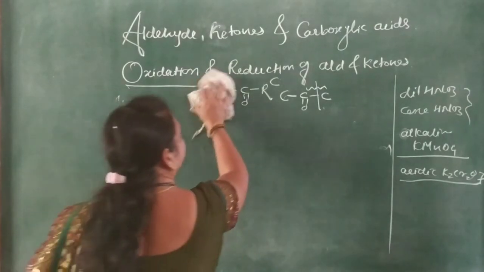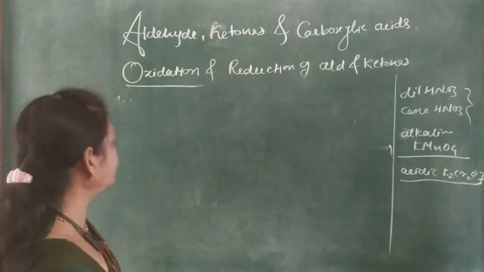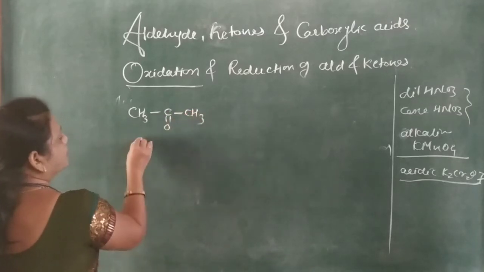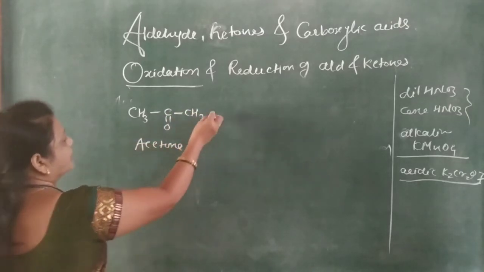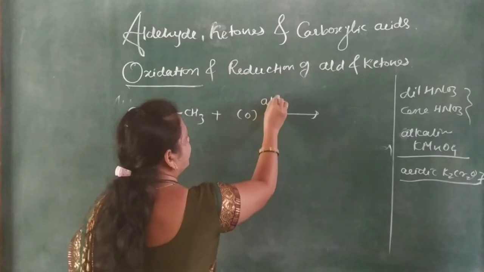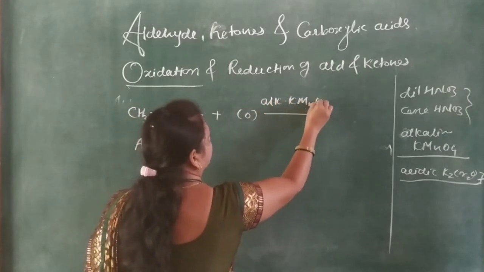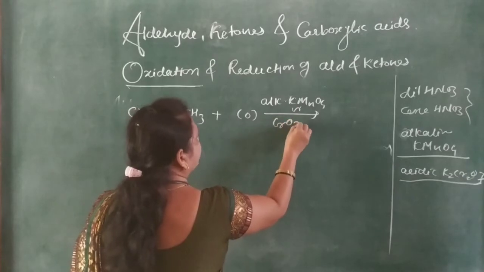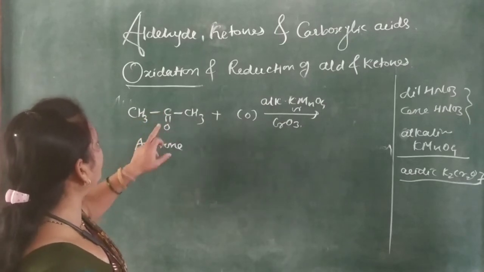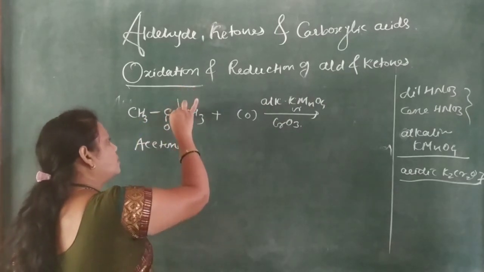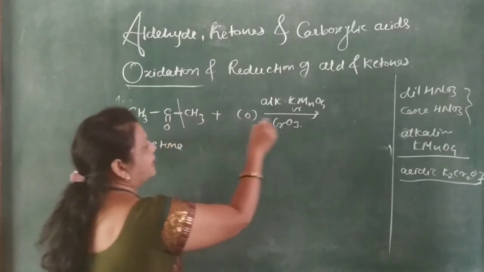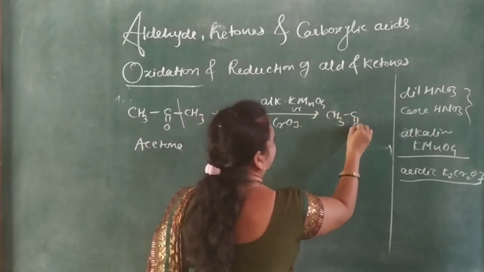So for ketones, for example CH3 C double bond O CH3, this is acetone. Acetone on oxidation in the presence of alkaline KMnO4 solution or CrO3 gives CH3 C double bond O, where the C-CH3 bond breaks. And now the H combines with O and combines here to form CH3 C double bond O OH.